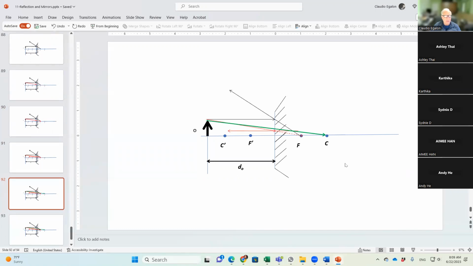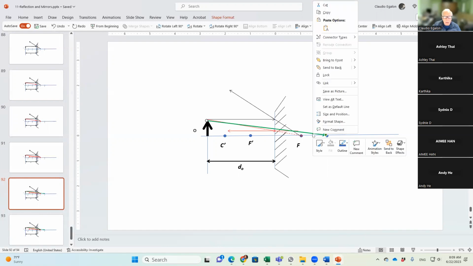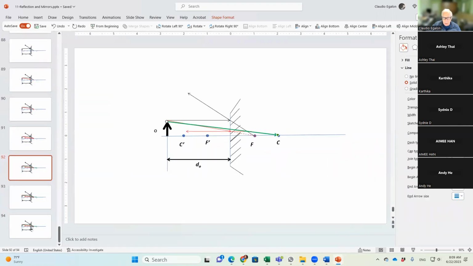Because this light ray that goes towards the center of curvature reflects on itself, we don't have to do anything else unless we want to. Put a second arrow here, just to emphasize the fact that the light ray is reflecting on itself.